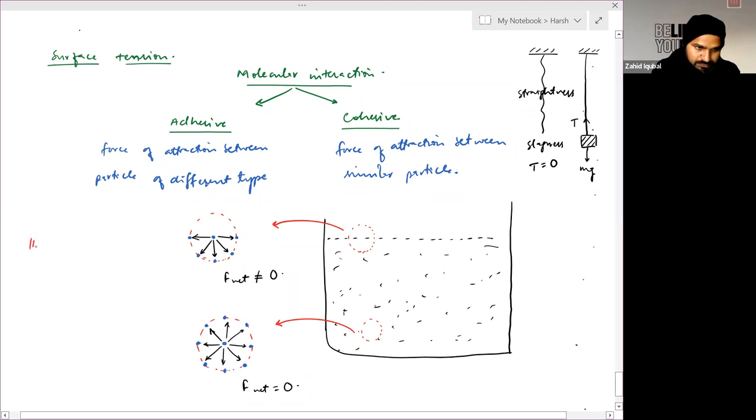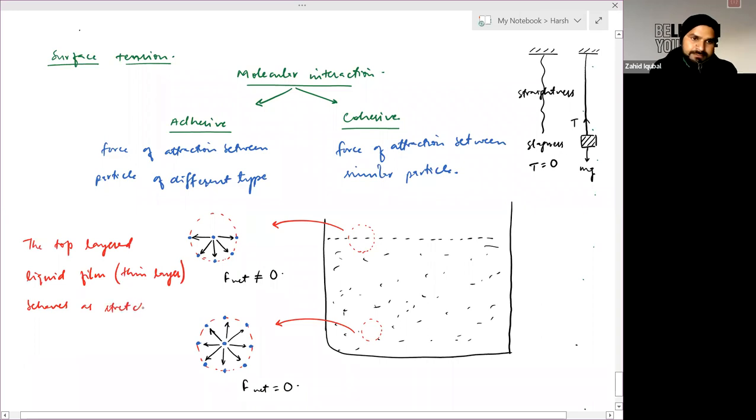The top layered liquid film or thin layer behaves as a stretched membrane due to its molecular interaction.